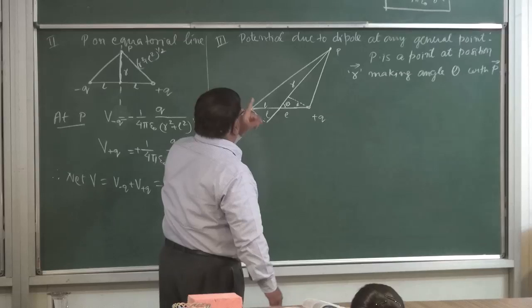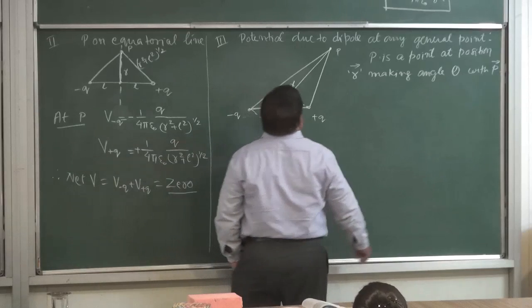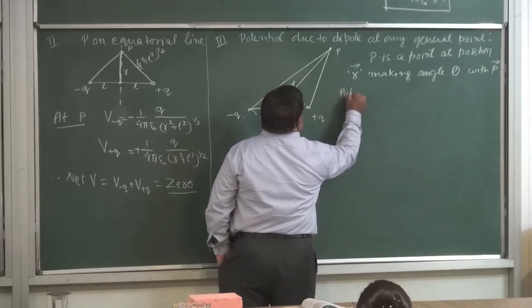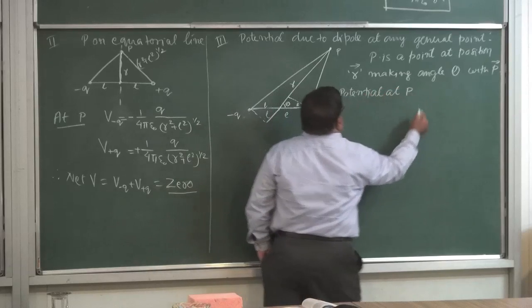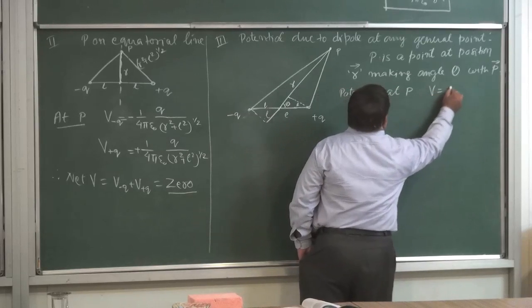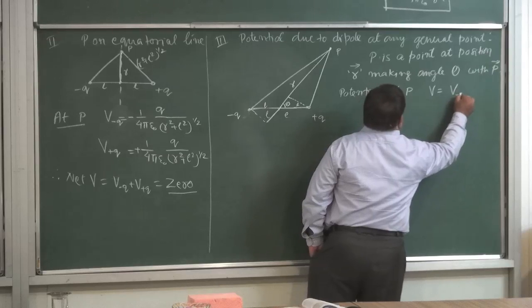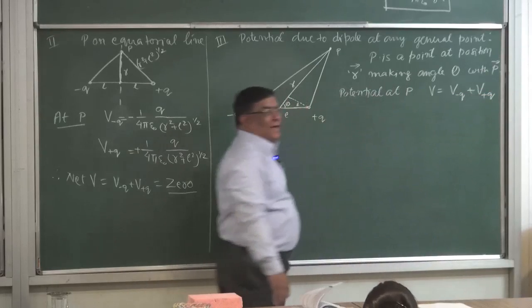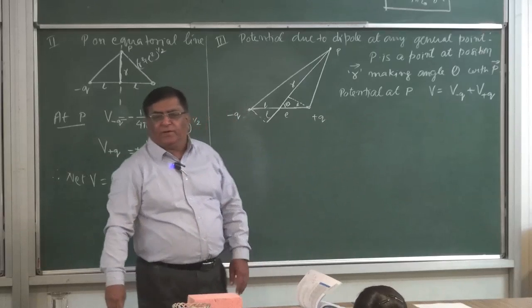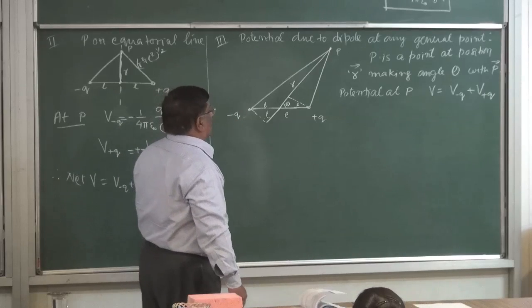Now we have to find out potential at P. V is V due to minus Q plus V due to plus Q. Correct? This is the strategy we were doing in all other cases. We will do it here also.